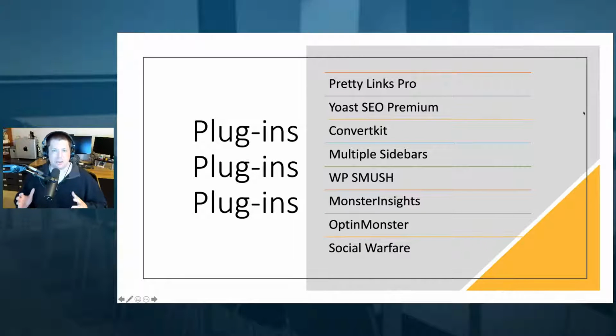And, for many, that is certainly something that your website needs. We can talk about all the great advantages of plugins like PrettyLink Pro, Yoast SEO, ConvertKit, having multiple sidebars. All of those things are extremely important, but they have nothing to do with you building your brand, nothing to do with you getting your audience, nothing to do with you getting your message out there.